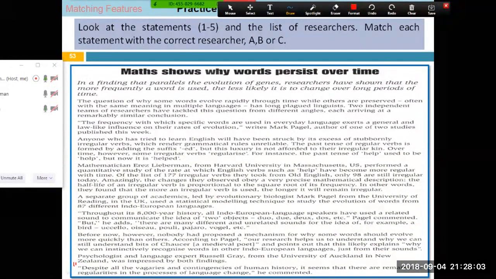Despite all the vagaries and the contingencies of human history, it seems that there are remarkable regularities in the process of language change. Despite of something, that means despite of something that is happening in the world.